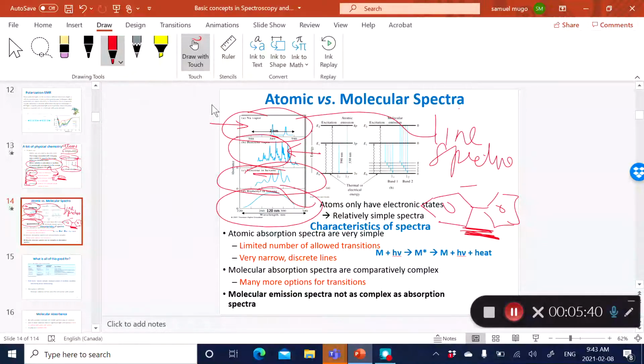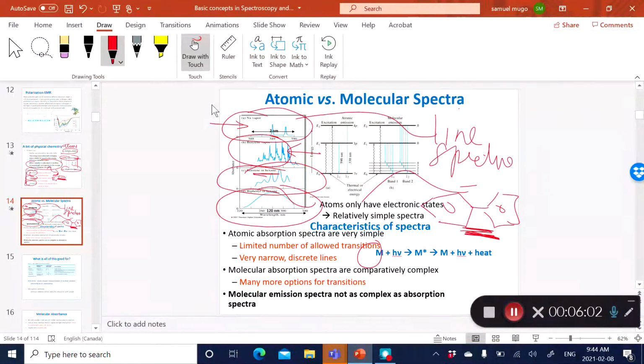And so you can tell that for absorption spectra, the more complex or bigger the molecule gets, the less defined the absorption spectrum is going to be. It's going to be very, very broad, because of all those possible transitions that would be taking place. I should emphasize the following.